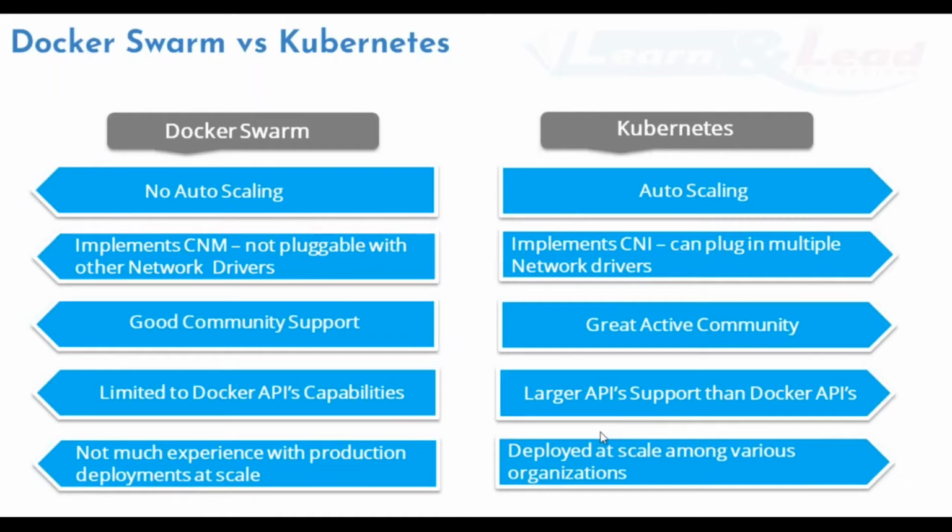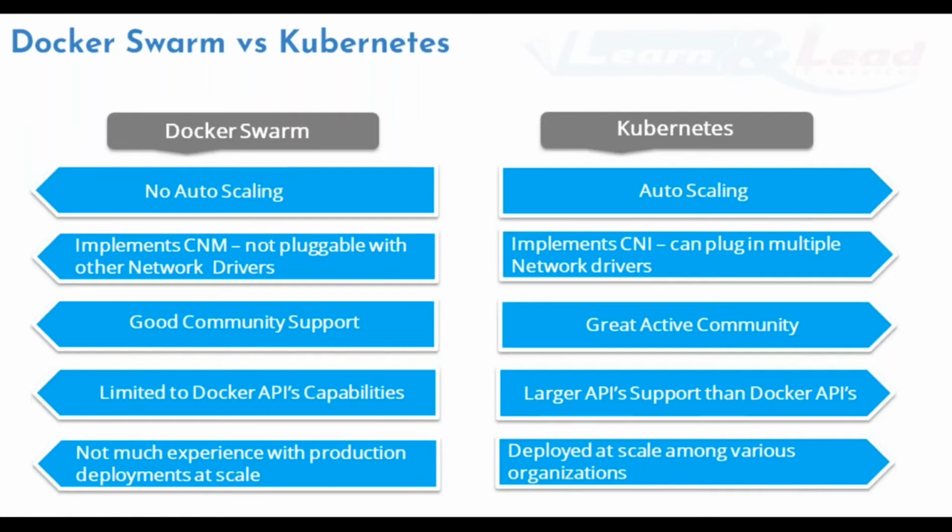So here it is. Docker Swarm basically has no auto scaling, whereas Kubernetes can do auto scaling. Of course, we did not demo that. We did manual scaling only, but we could implement auto scaling in a Kubernetes cluster. Now, Docker implements CNM, the container networking model.